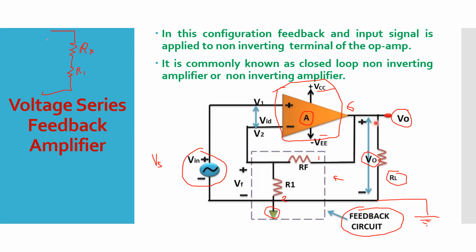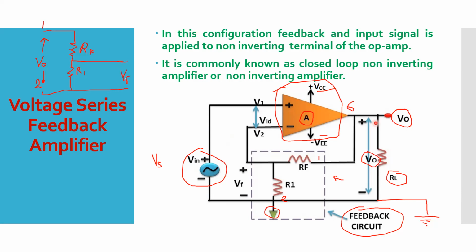Here, between these 2 terminals, I'm giving the names again, terminal number 1 and terminal number 2. Let us say between terminal number 1 and 2, I'm applying the voltage V0, and I'm taking the output from here between these 2 terminals, and I'm giving it the name VF.